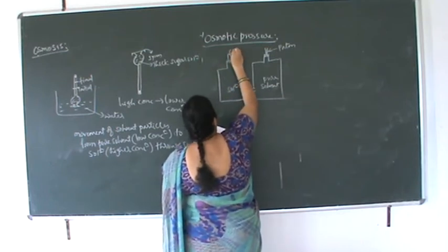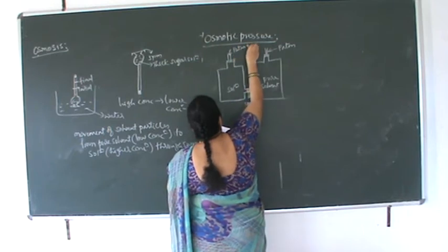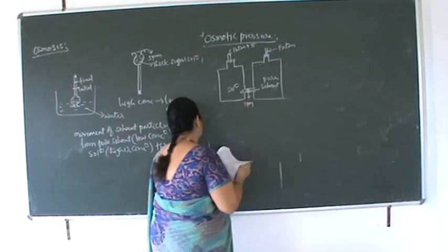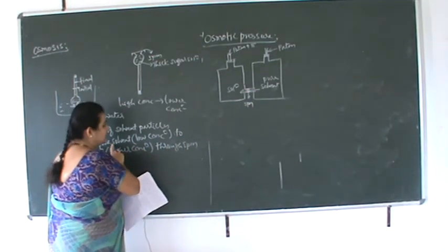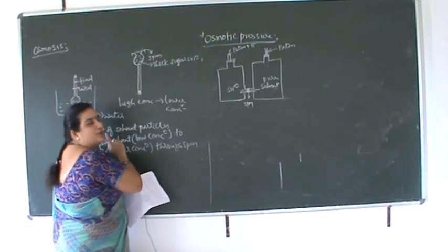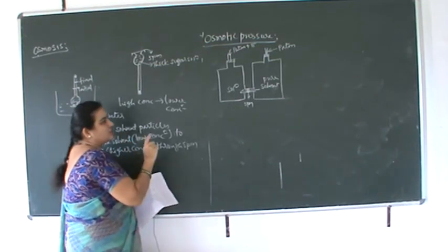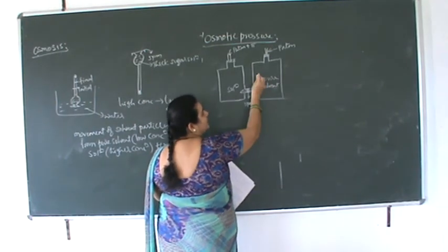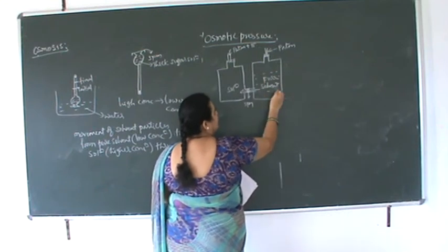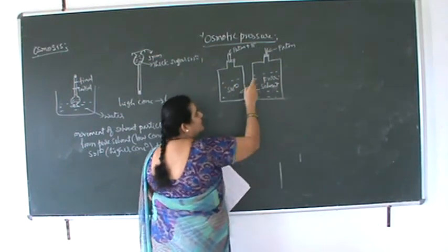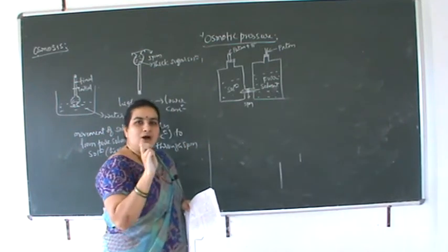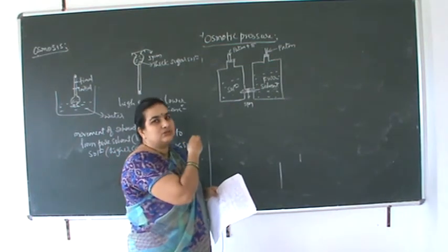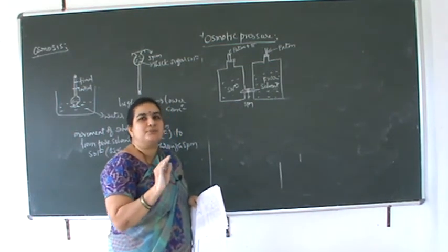On the solution side we have to apply extra pressure. Solvent will move from pure solvent to solution, so we have to stop that process. One force is already there on the solvent side. Now we apply some extra pressure on the solution side so that we can stop the process of osmosis.